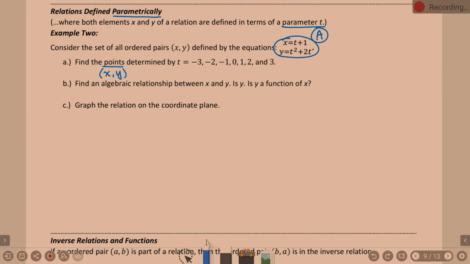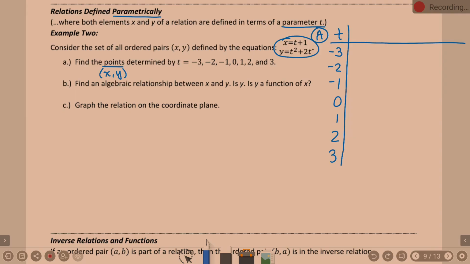The first column is going to be my T column. What are my T values? -3, -2, -1, 0, 1, 2, and 3. Okay?